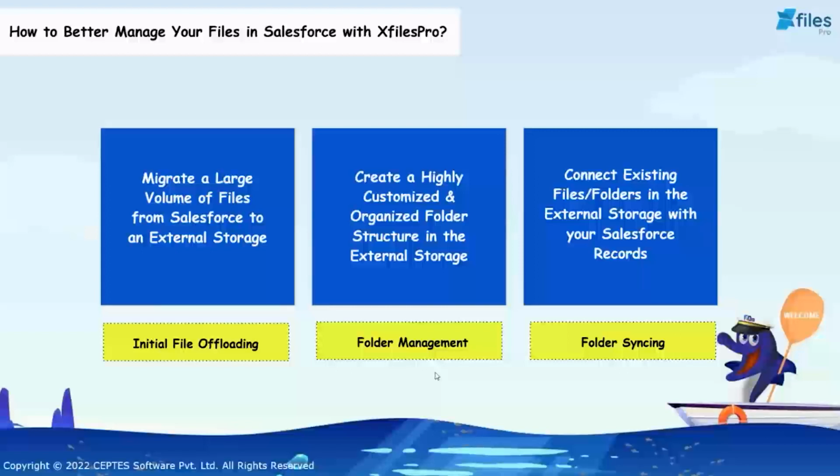Let's say if you have 8 GB of files, you might not want to migrate all 8 GB. You might want to keep some 2 GB or 3 GB of files, and the rest you can migrate. So that is also possible. Once that understanding is in place, you just have to create a customized folder structure based on your requirement. And then all you need to do is finally connect your existing files or folders to your Salesforce records. In this way, you would be able to manage your files the best way possible.